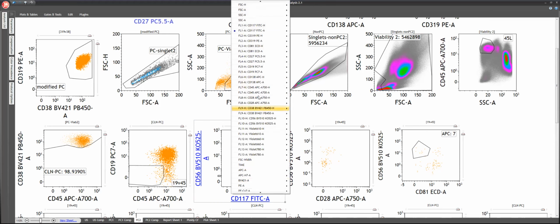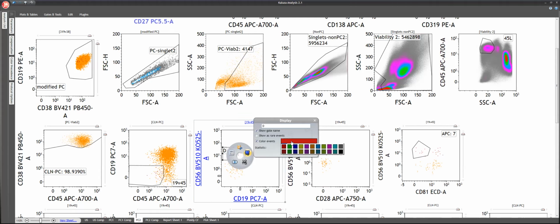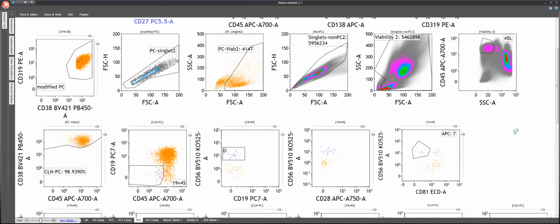If you look at CD19 versus CD56, there are some cells which are CD19 negative and CD56 positive, and earlier we showed that all plasma cells are CD56 positive. So we can confirm these cells and give them a different color, blue. Of them, some cells are CD81 positive and some are CD81 negative.